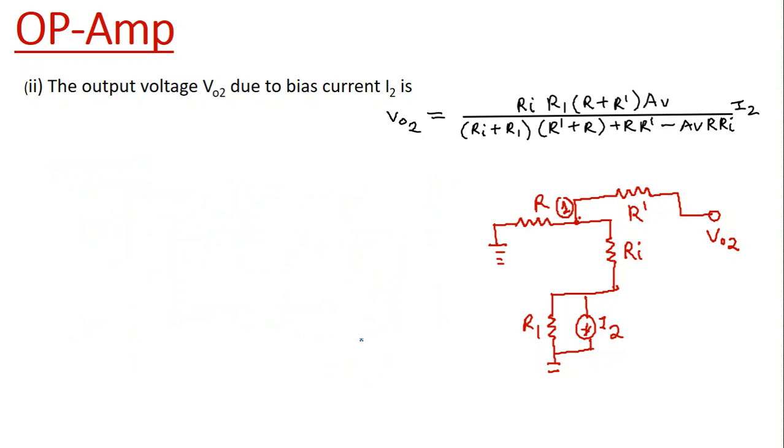Now we have to find out I dash. So from equation number 3 we have VO2 minus I dash R dash plus IR is equal to 0. Now first we put IR value from equation number 4.